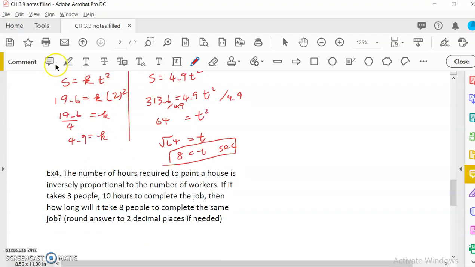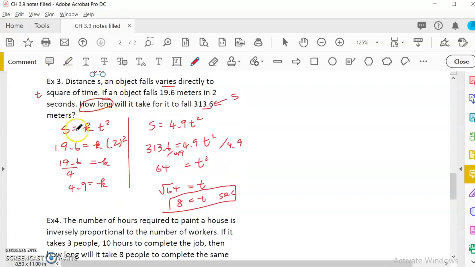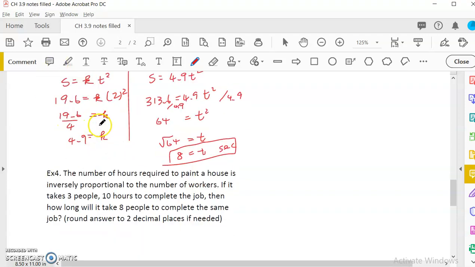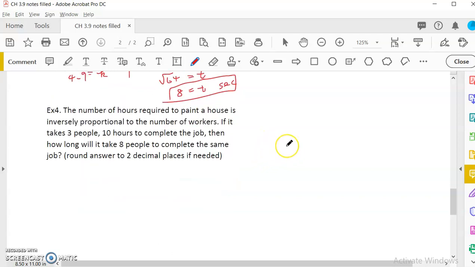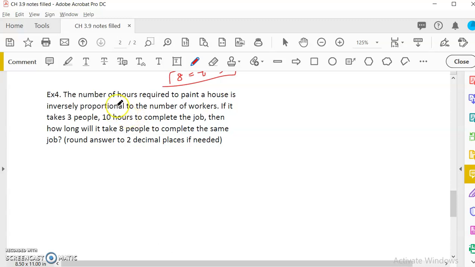This is just an application of direct variation of one variable. The second one is also a variation with one variable. The number of hours required to paint a house is inversely proportional to the number of workers. Let's say T is the number of hours and W is the number of workers. Sometimes they don't tell you, and you just have to write the variable.